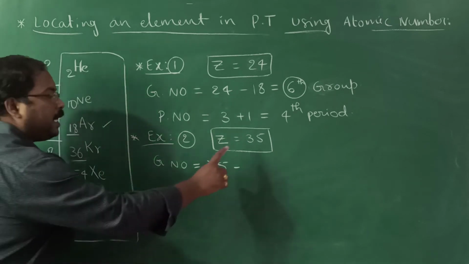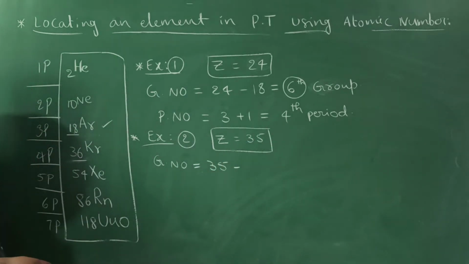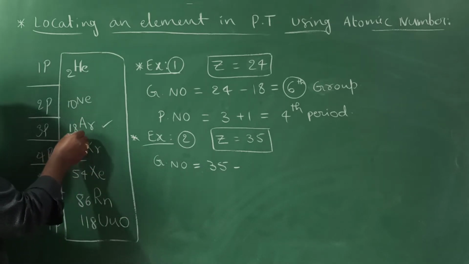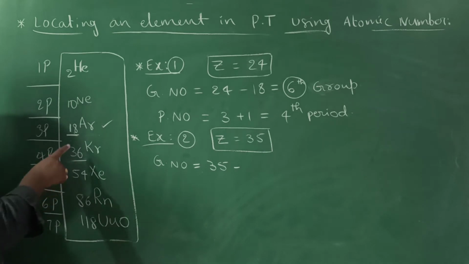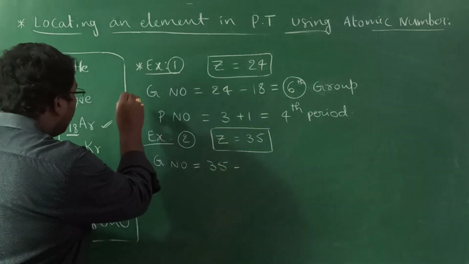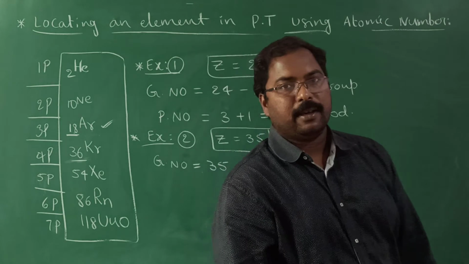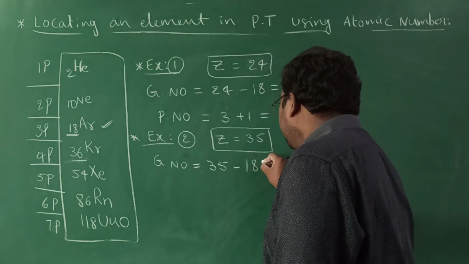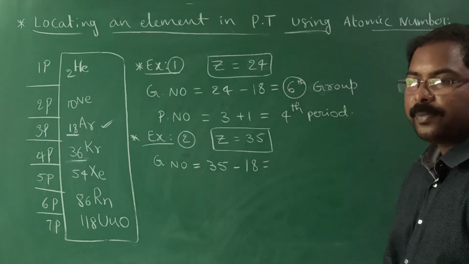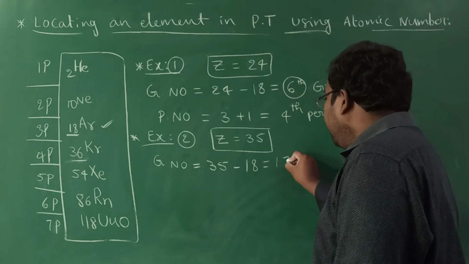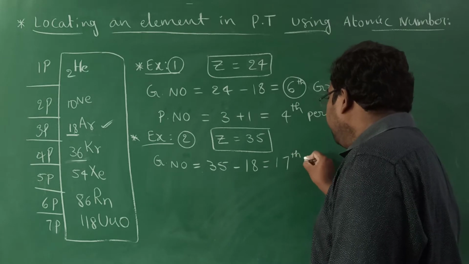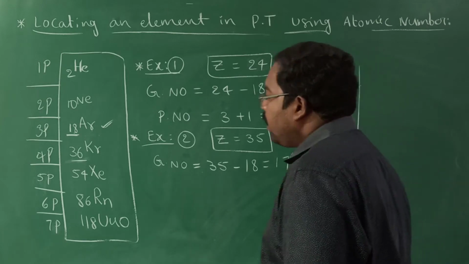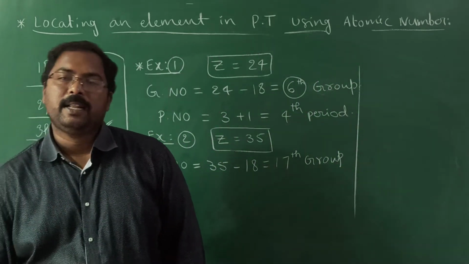No, because 35 minus 36 gives a minus value. So before 35, the atomic number of the noble gas is 18. So 35 minus 18. How much is it? It is 17. So this element belongs to the 17th group. If you have a doubt, look at the periodic table and cross check.